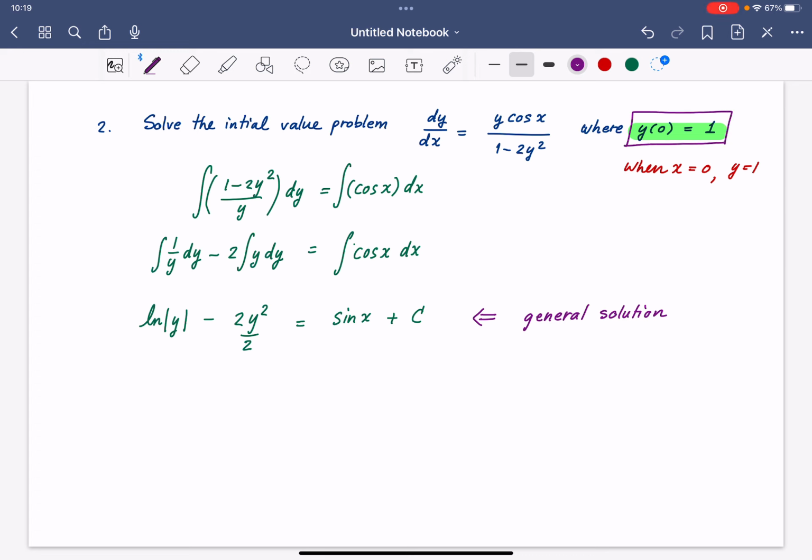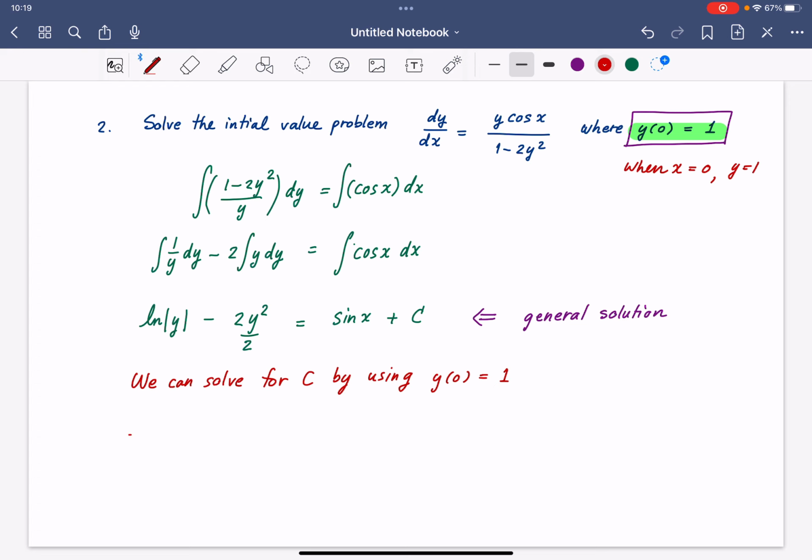So you can plug in when x equal to 0, y equal to 1, and then you can solve for c. So we can solve for c by using y(0) equal to 1, okay?